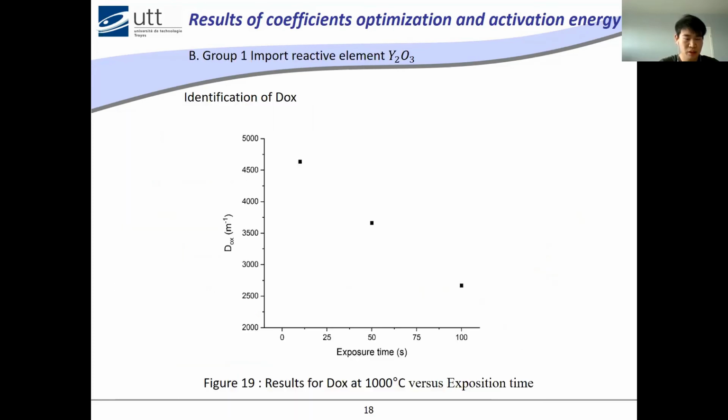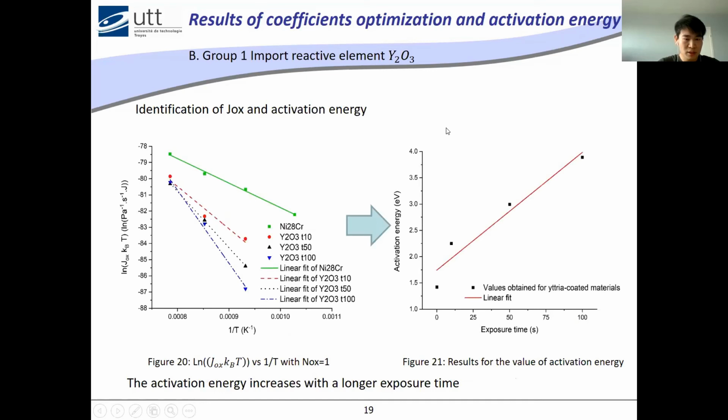Here is the result. For the growth parameter Dox, we can see that Dox decreases as the exposure time increases. And for Gox and the activation energy, we can see that the activation energy increases with a longer exposure time.